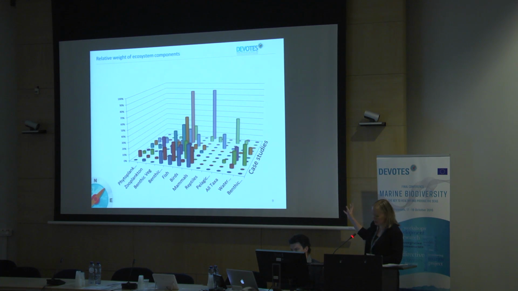We had a lot of indicator values for benthic fauna, fish, birds and mammals, while the others were not so well represented. This shows how much weight they gain in the final evaluation, not how many indicators there were, but how much weight they have.